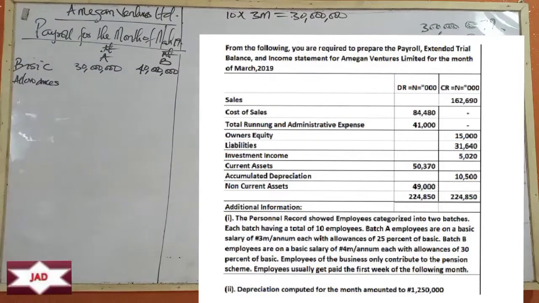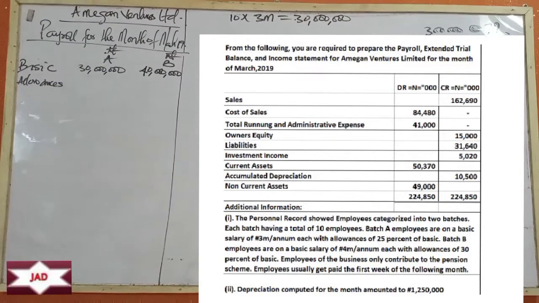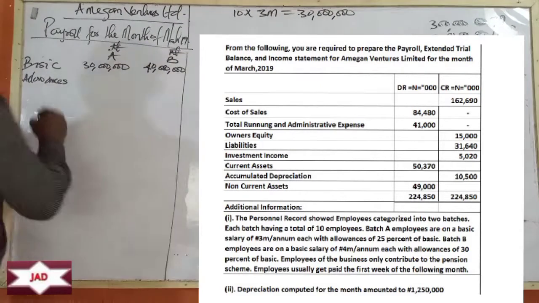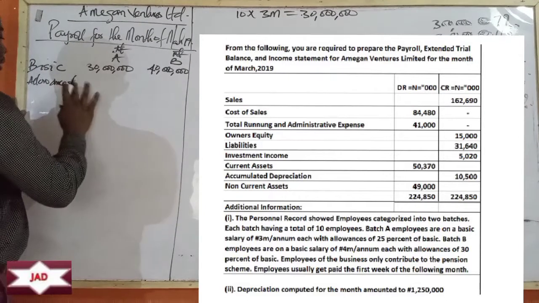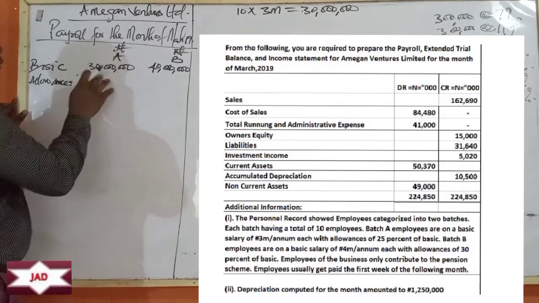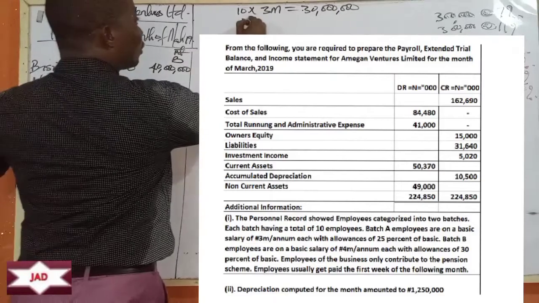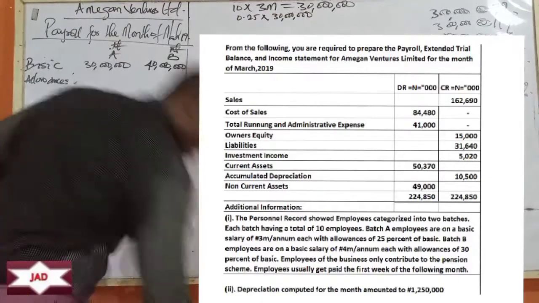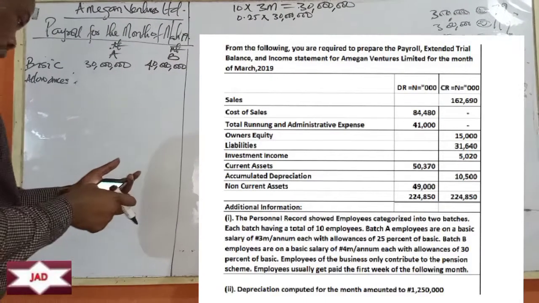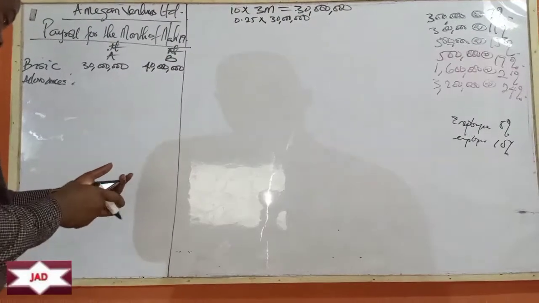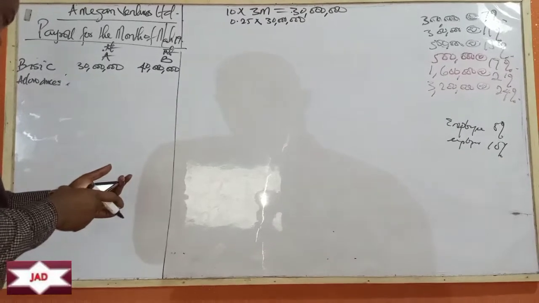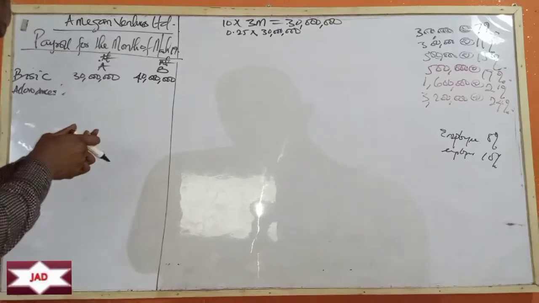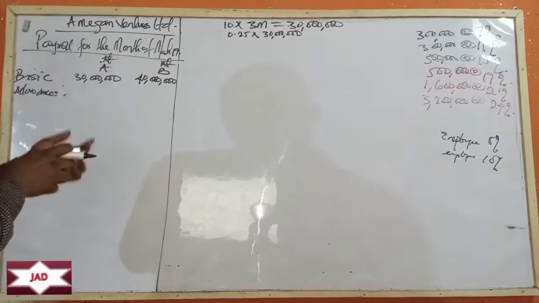So allowances there, batch A, we have 25% of basic. So if you do 0.25 times 30 million, that's 7,500,000.